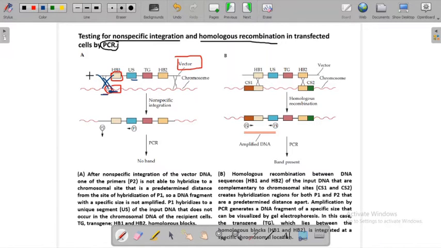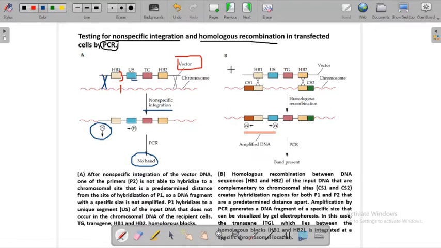There is an attachment of this vector molecule to a non-specific site, not that specific site. So the primer will not bind to the transfected gene, or there will be non-specific integration, and so there will be no amplification. So we just don't find any band on agarose gel electrophoresis.